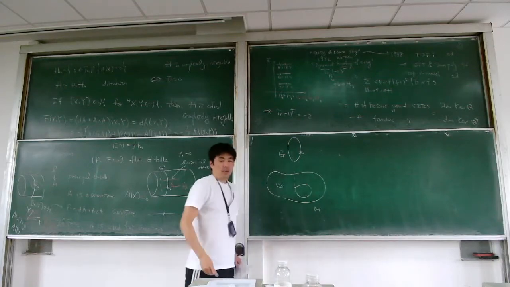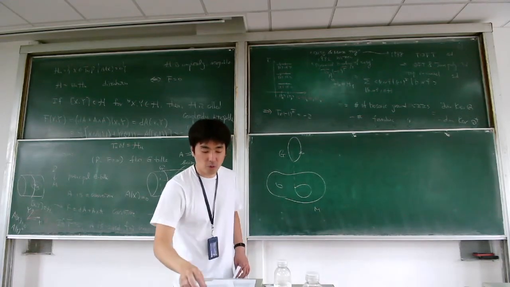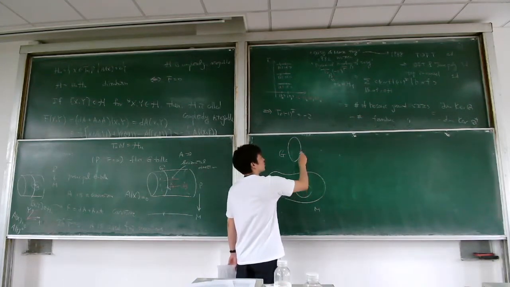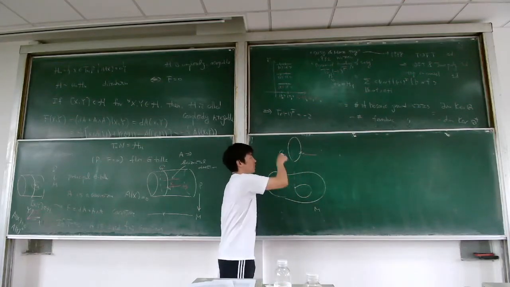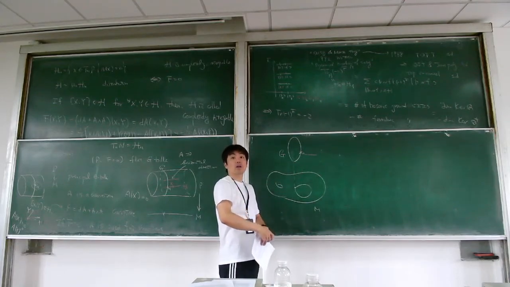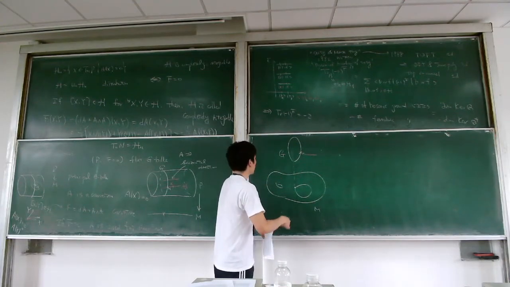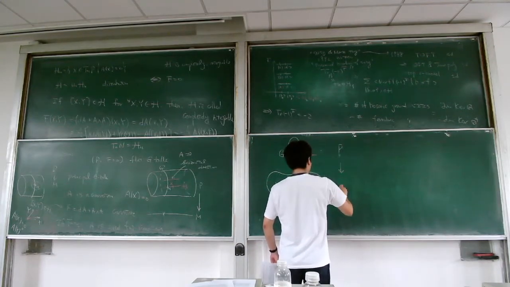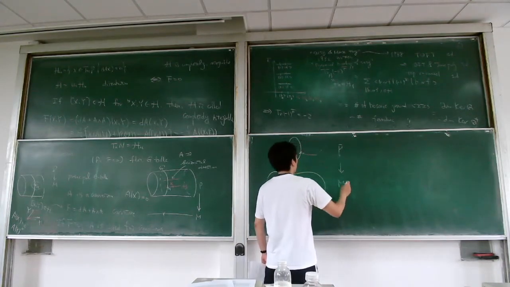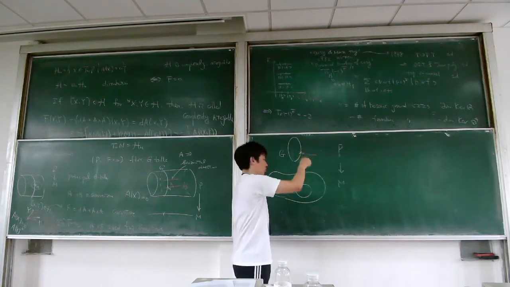There's a parallel transport one can do. The red line is always horizontal. Given a connection, there's a P mapping to M, and the connection A defines the horizontal direction.